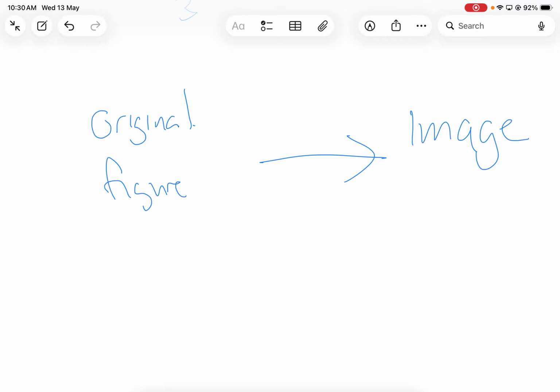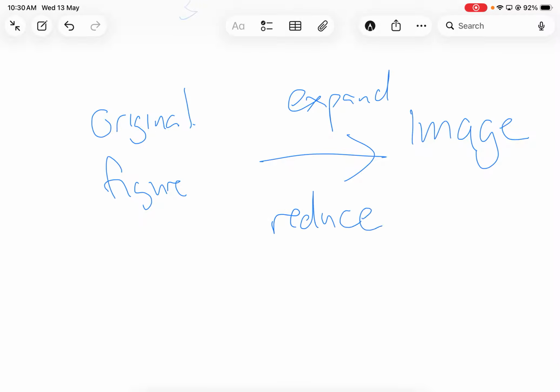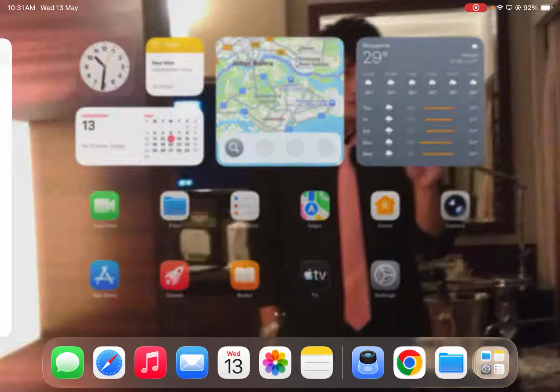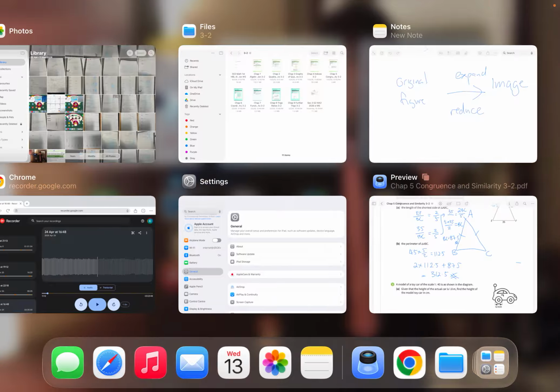You must know that the image is the after one. Whether it becomes bigger we call it expand, smaller we call it reduce or reduction. Okay? So these are the few words that are important. Okay, then now let us go back to our workbook, page 152.